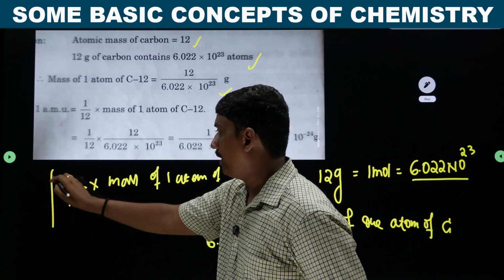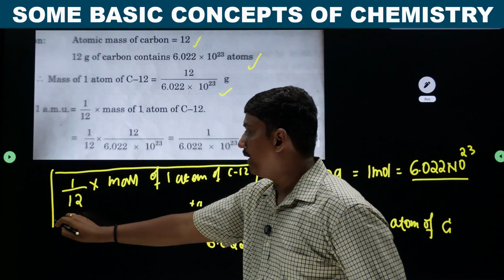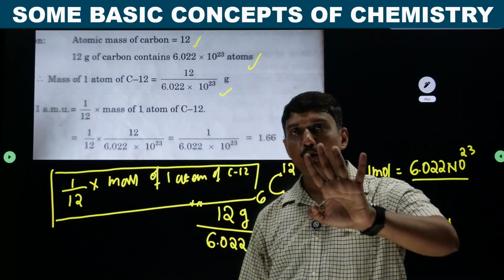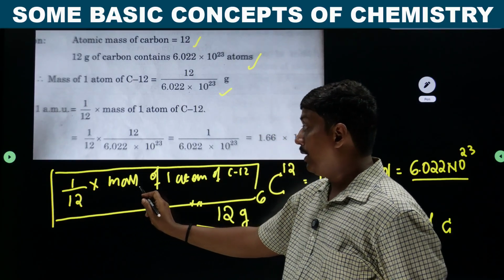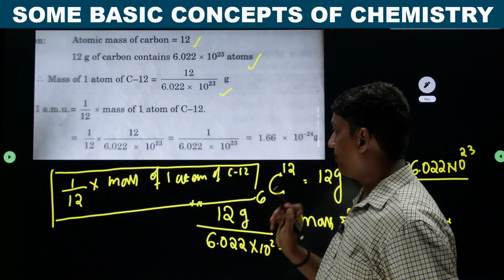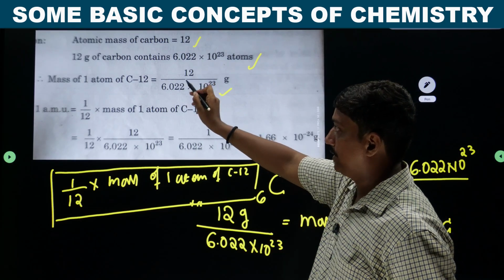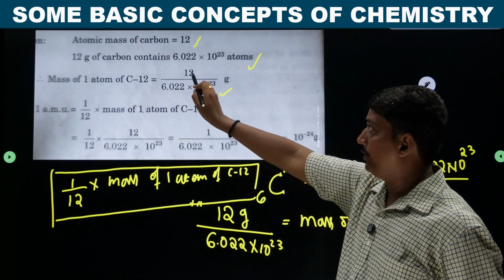This is the formula to calculate 1 AMU. You have two parts: one is 1 by 12th, another is the mass of one atom of carbon 12. We have derived it here. The mass of one atom of carbon 12 is known.